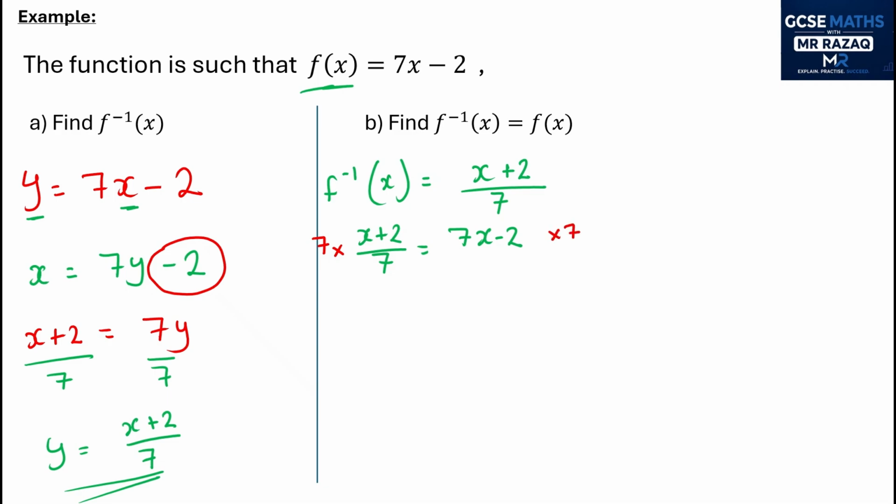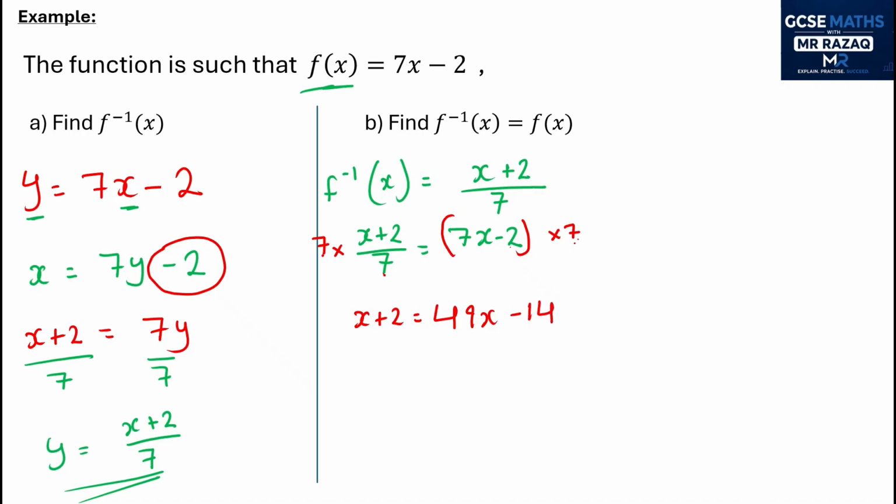When I multiply this side by 7, that means multiply everything on this side, so let me put this into brackets. The 7 and the 7 cancel out, so you're left with x plus 2 is equal to this. 7 times 7 is equal to 49x. 7 times 2 is equal to 14. That would become minus 14.